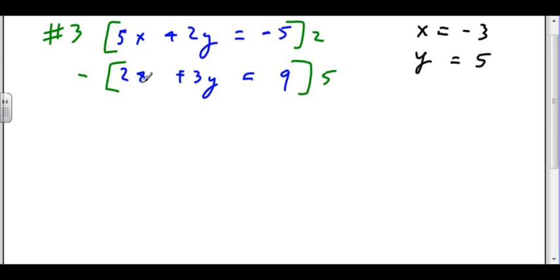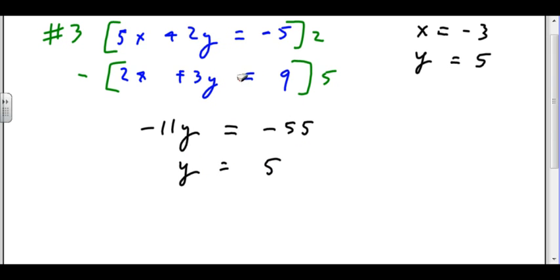Well, 5 times 2 is 10, and 2 times 5 is 10, so the x term goes away. I have 4y's minus 15y's, so I get minus 11y's. I get minus 10 minus 45 for a minus 55, and y is equal to 5. I'm pretty happy about that because that's what the calculator said.